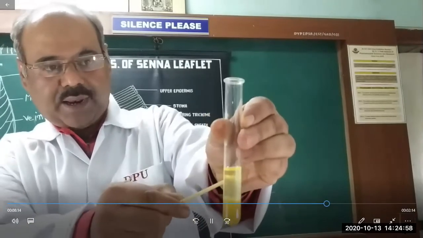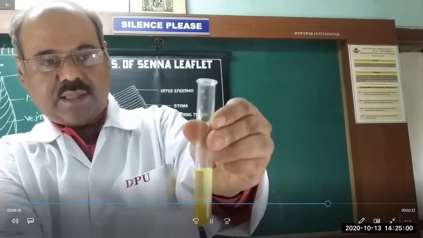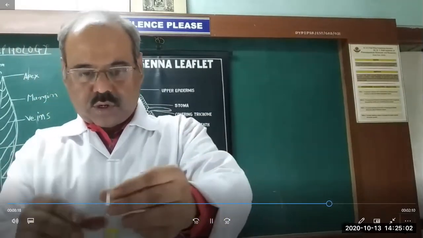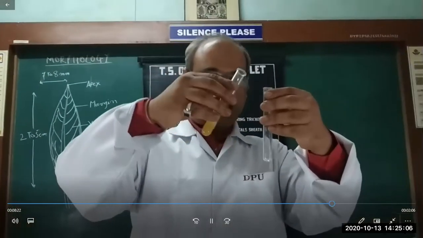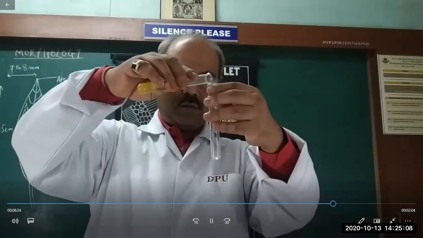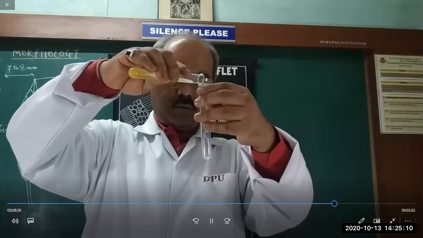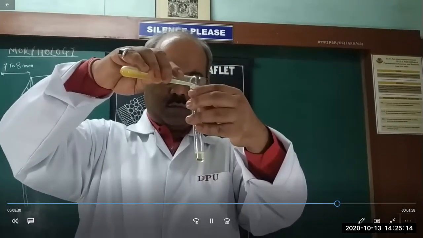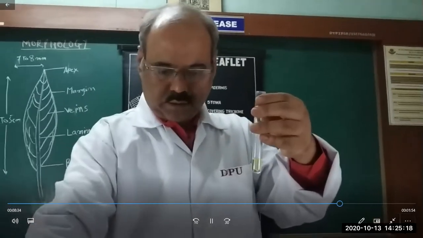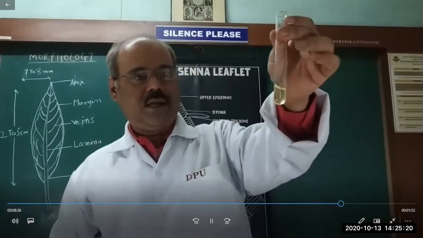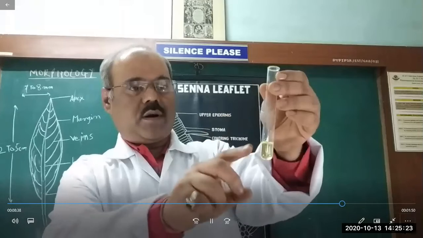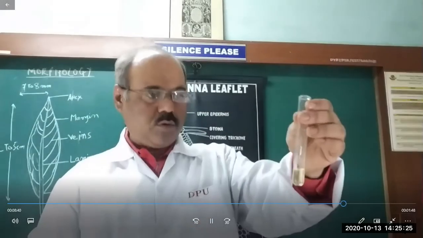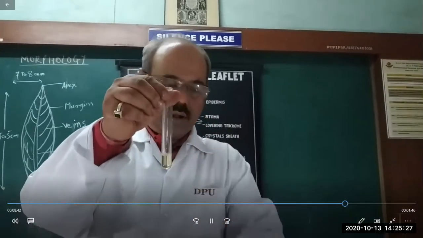Now we have to separate this organic layer, that is the upper one. So now in the test tube, I am separating this organic layer. Now I have separated the organic layer. Now in this organic layer, that is the benzene layer, we have to add strong ammonia.